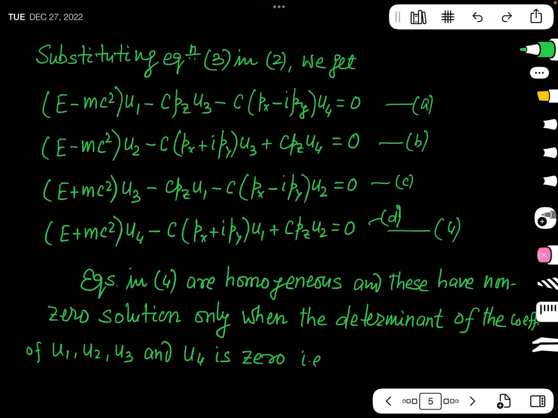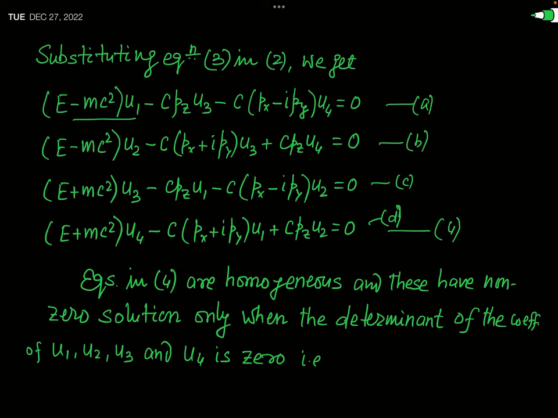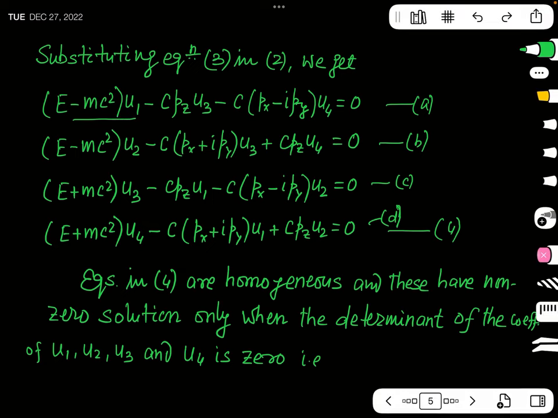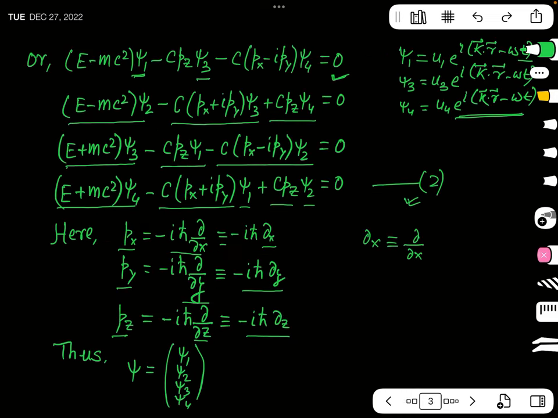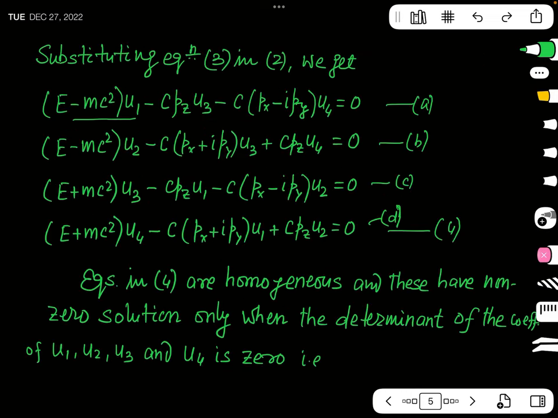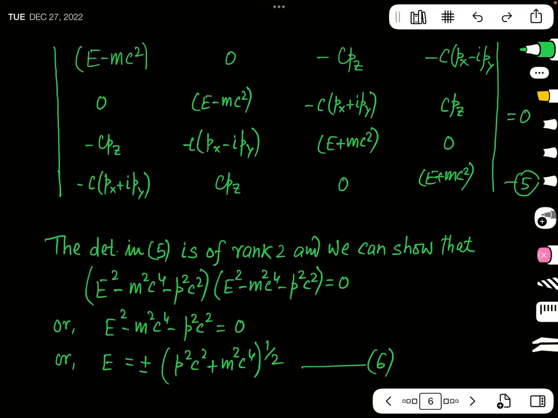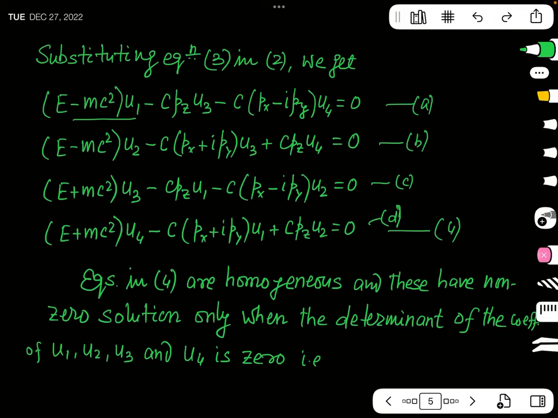You can see, in every equation psi 1, psi 2, psi 3 and psi 4 has been replaced by u1, u2, u3, u4, and so the four equations in equation number 2 now become like this.